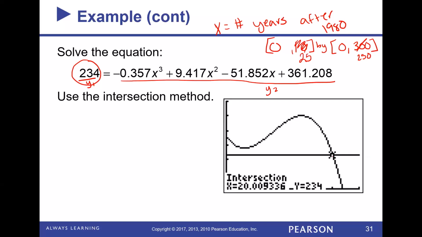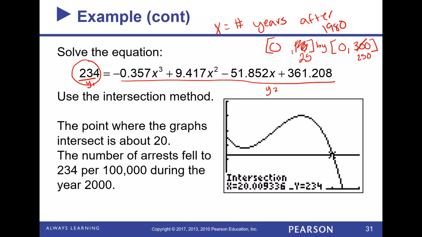Okay, then remind yourself you're going to hit that second trace. Now, once you do that second trace and we look for intersection this time, again, you're going to make sure that it hits on the first curve, the second curve, and then the guess where they hit. And we get basically X equals 20.000.